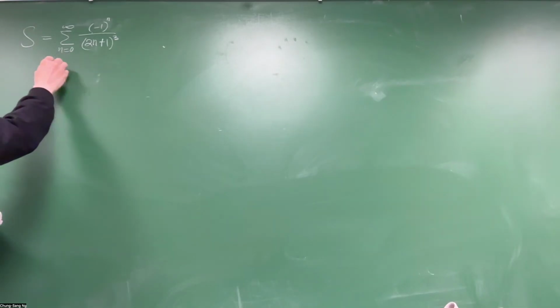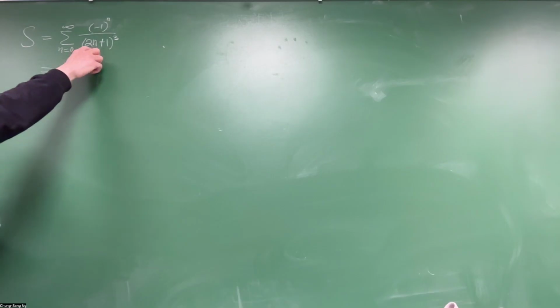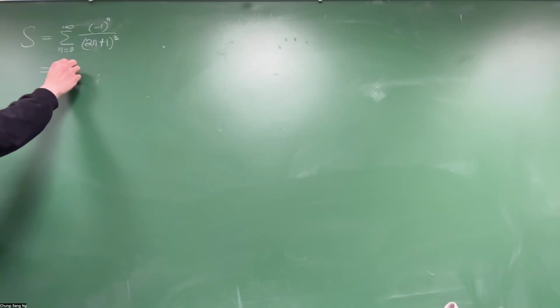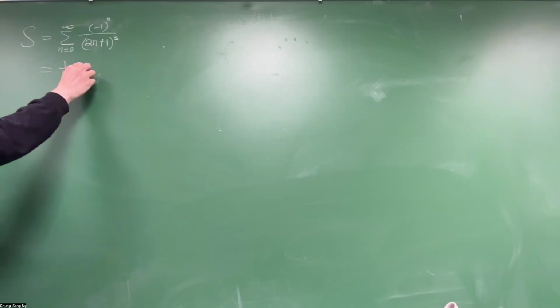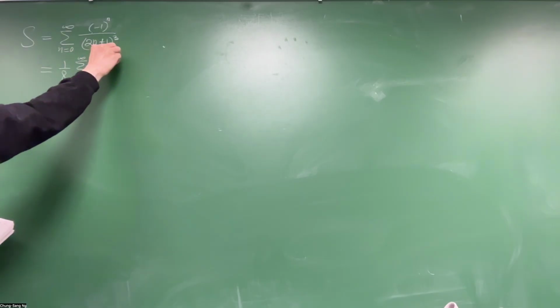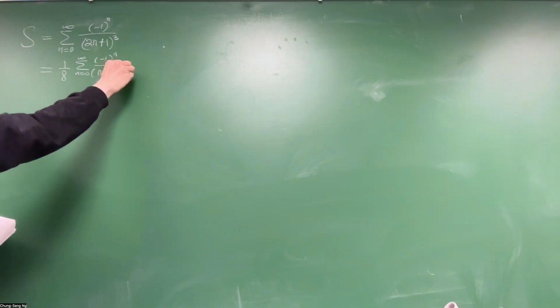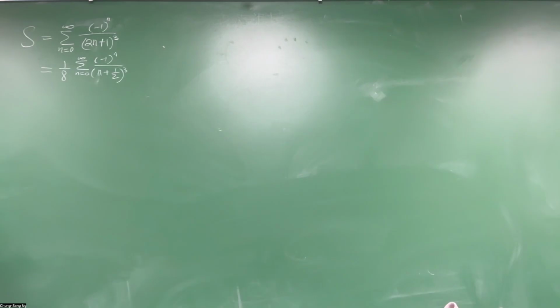So this is like putting the 2 out of the integral. So you get 2 to the third power, 1/8, and plus 1/2 to the power. Right.